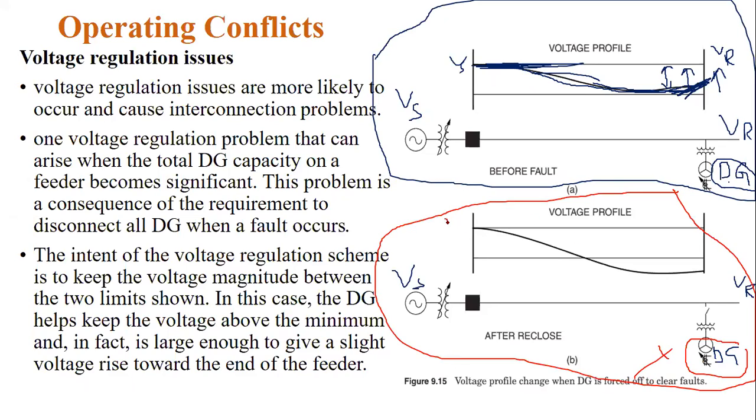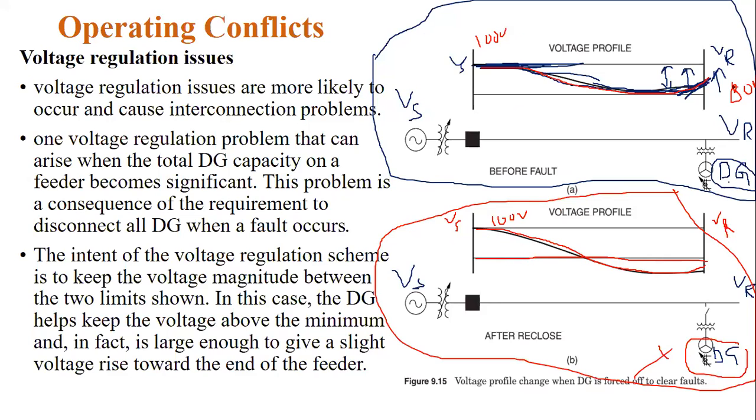What will happen here? The voltage from the sending end to the receiving end decreases very rapidly. Now see this, the bottom line has also crossed this way. Suppose this is 100 volts, and this is for example 80 volts.